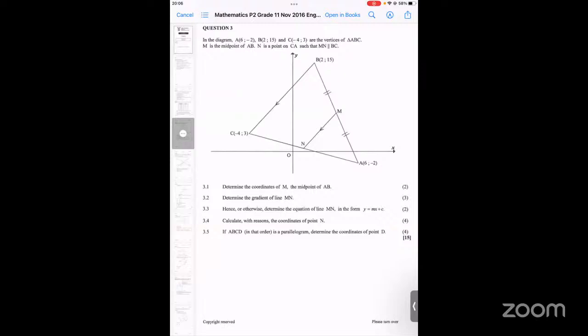And these are the vertices of triangle ABC. And they say M is the middle point of AB. N is a point on CA such that MN is parallel to BC. Okay, that we can see the diagram.